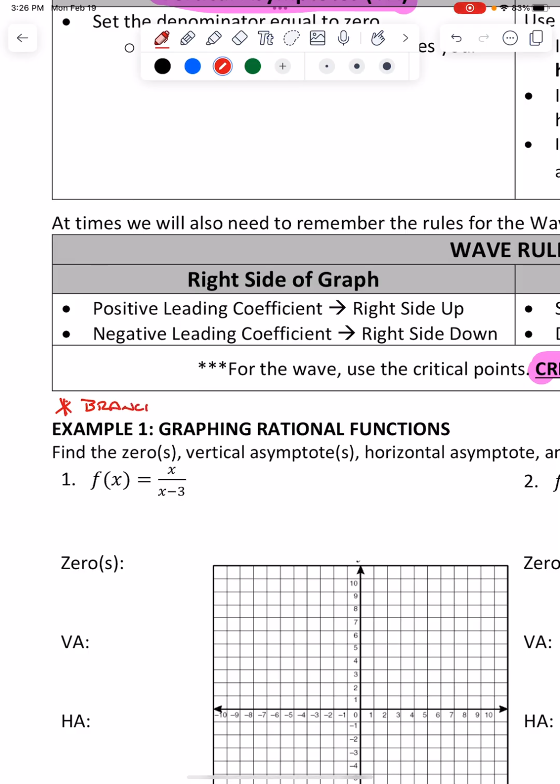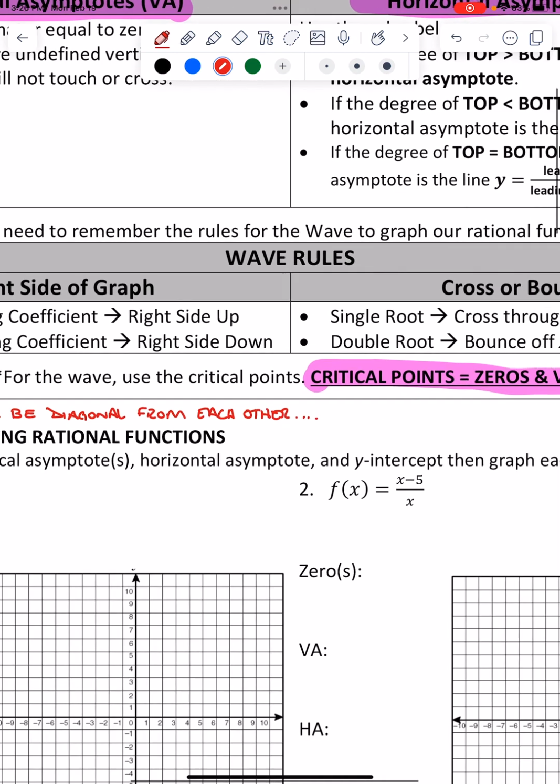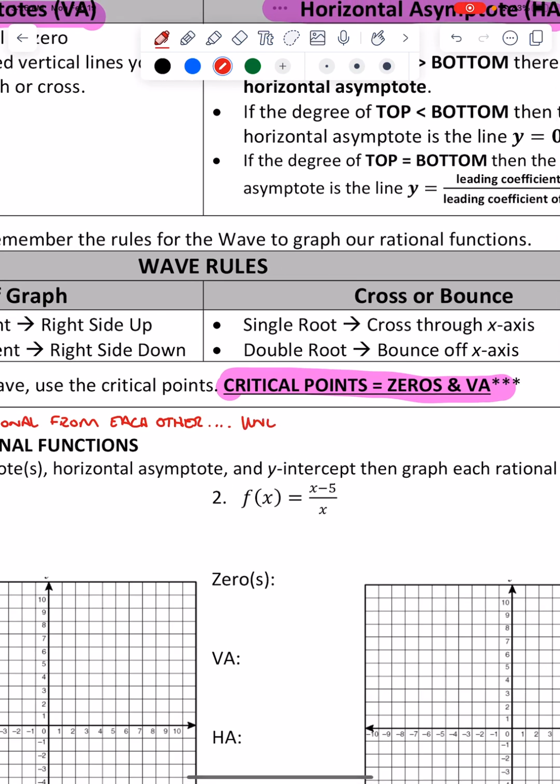So our branches will be diagonal from each other, unless there is a double root.